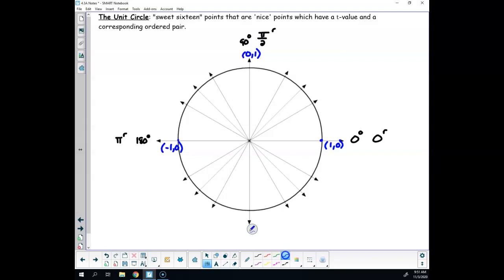Cosine at pi, cosine at 180. -1. Sine. 0. Tangent. 0. Yep, because the sine is 0. Yep. So we're good there.